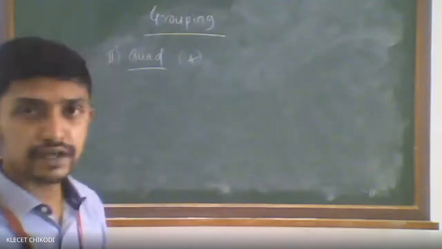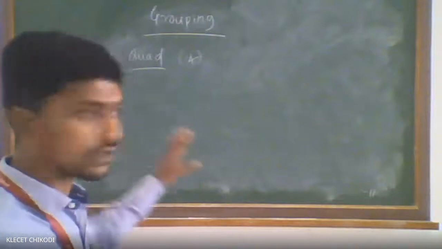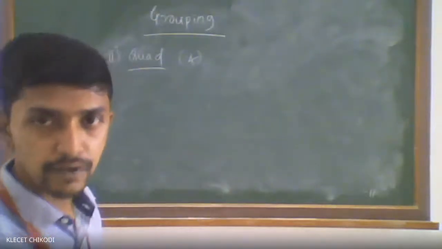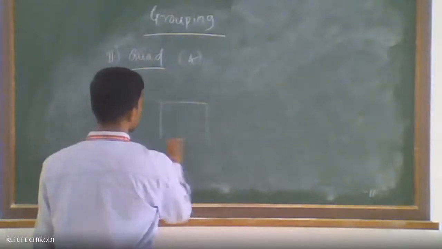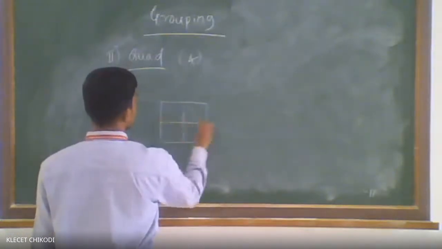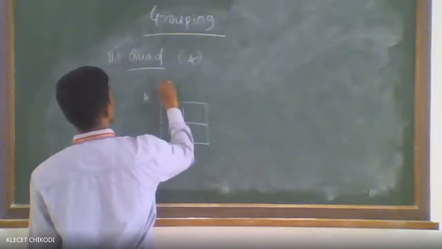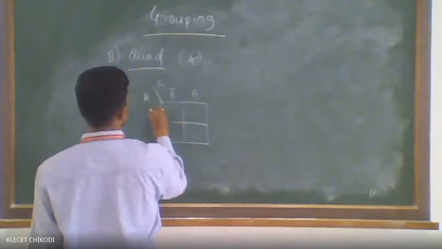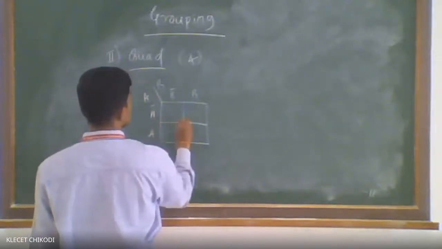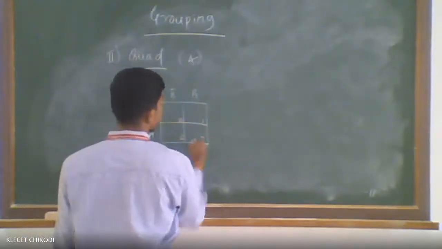So if you consider, I will start with the 2 variable only. For 2 variable, I have 4 cell K-map like this. A, B. So it will be B bar B, A bar A, 0, 1, 2, 3.